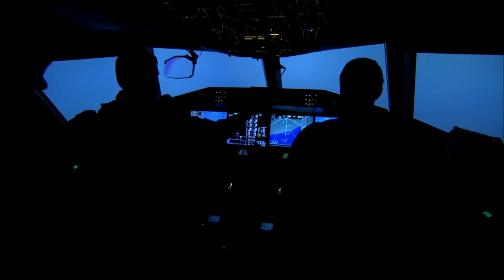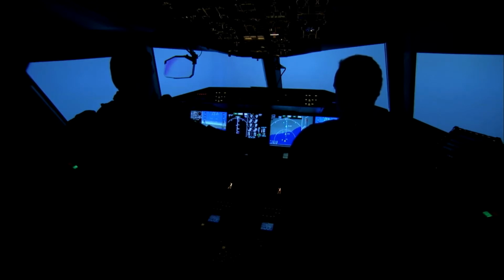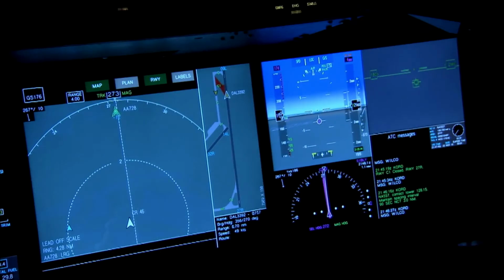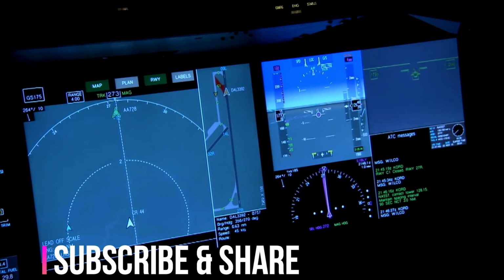But when we talk about glass cockpits, in which we use electronic instrument systems, we will not use any mechanical or electromechanical systems.